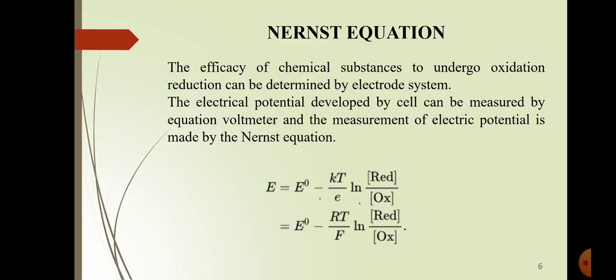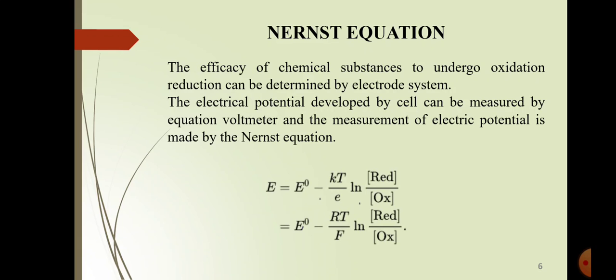In this particular equation, the different variables are: first, E, which is the potential of the cell in volts. E naught is the standard potential. 0.0591 is the numerical combination of gas constant, absolute temperature and Faraday constant.